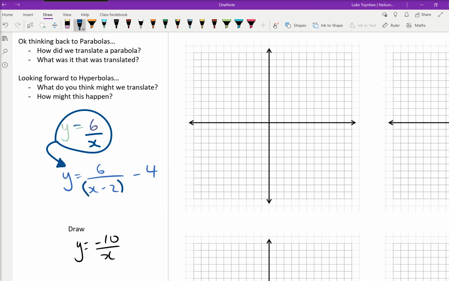Right next to the x, so that's going to shift to the right 2, because at the end it's going to go down 4. So what's going to shift? Yeah, the asymptotes. Okay, so the asymptotes shift to the right 2. The asymptote shifts down 4.